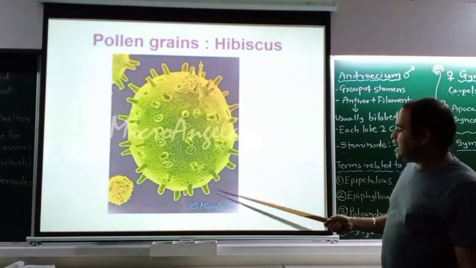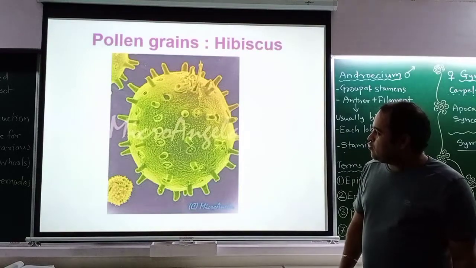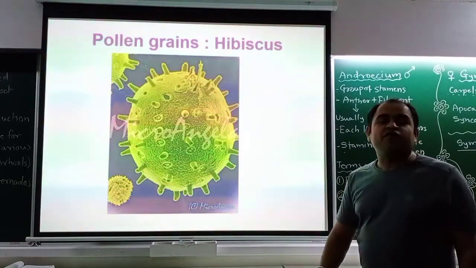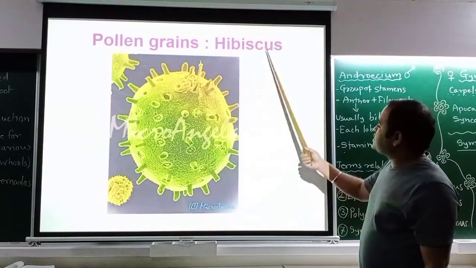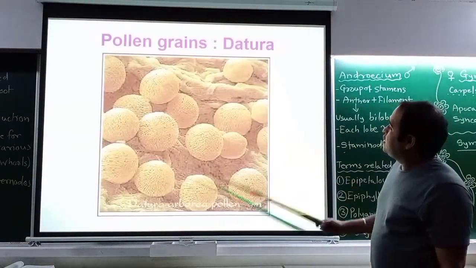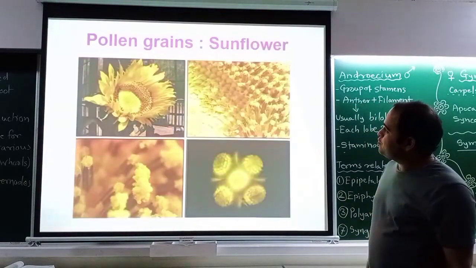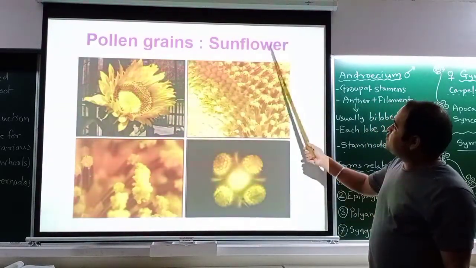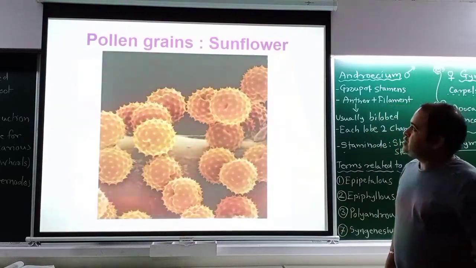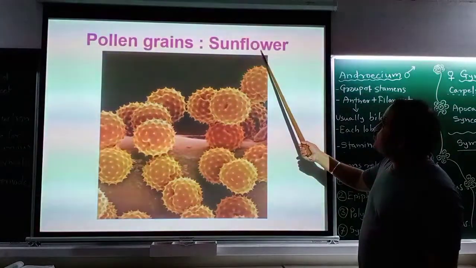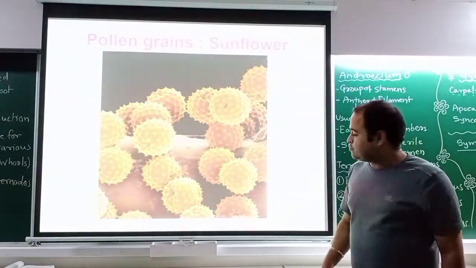Various pollen grains, and these are the images which are taken with the help of microscopes. So pollen grain of hibiscus, datura, pollen grain of sunflower, and once again pollen grain of sunflower, but with more magnification.